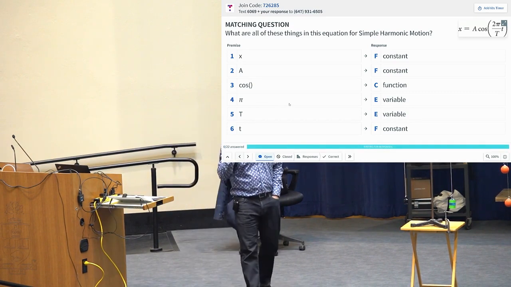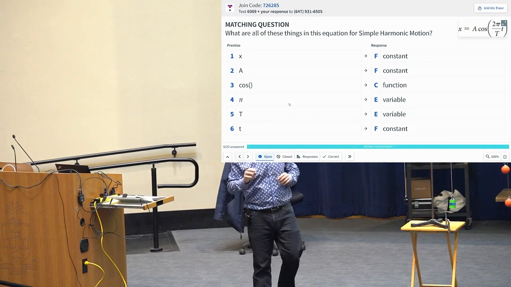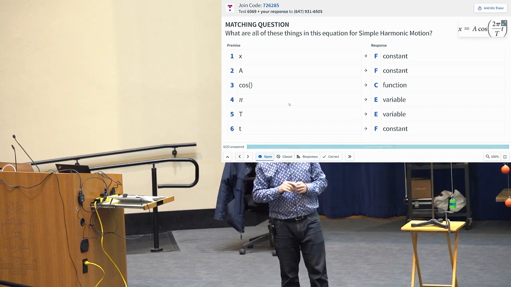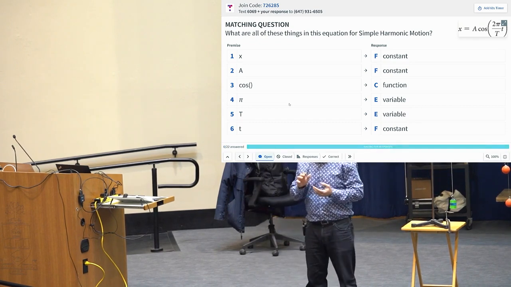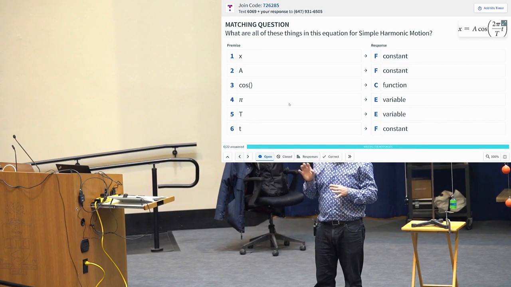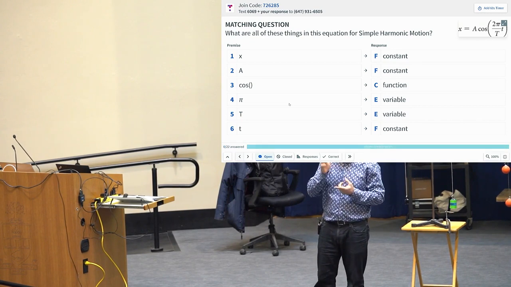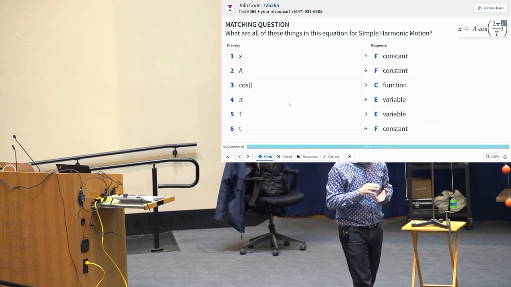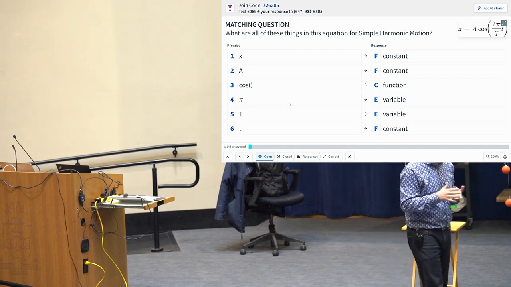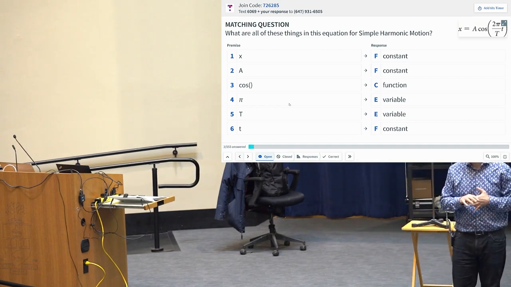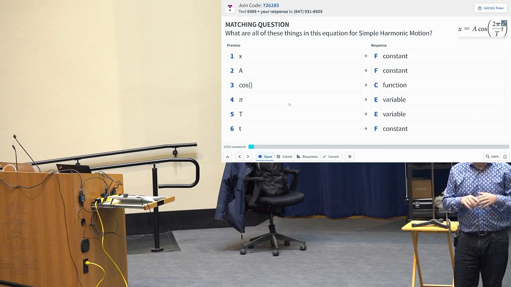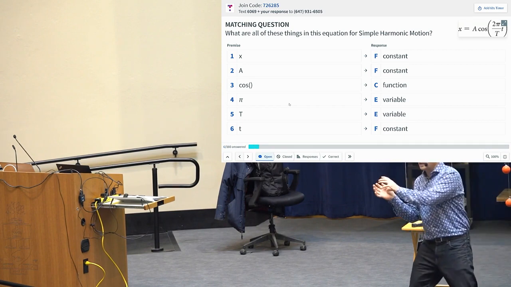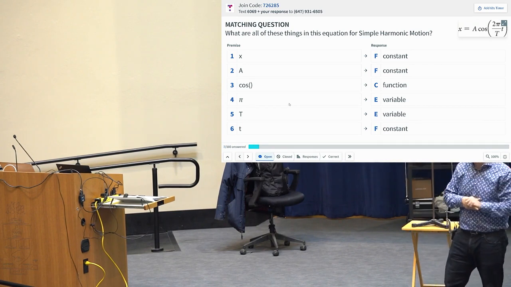x equals A cosine, brackets 2 pi over capital T times lowercase t. So all of these things in that equation are either variables, meaning they change with time, constants, meaning that they don't change with time, or I guess there could be something in there which is a function, which takes one number and converts it to another number based on some sort of rule.